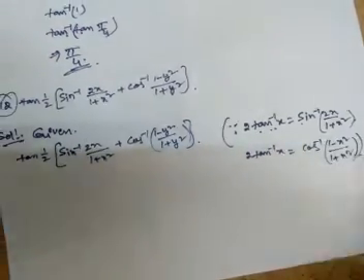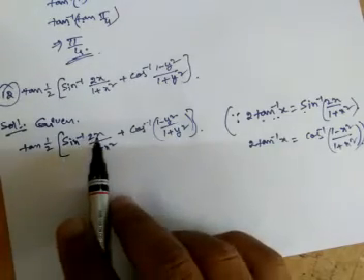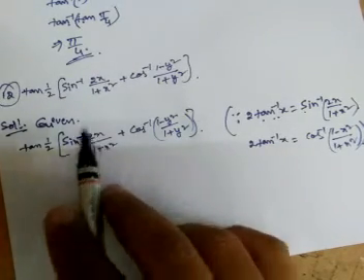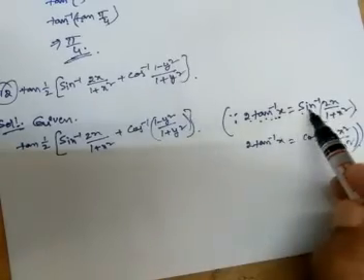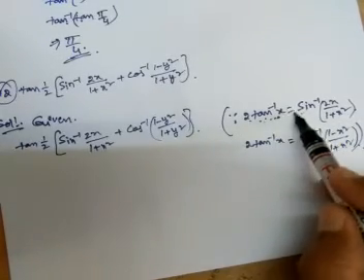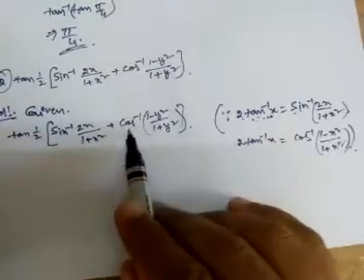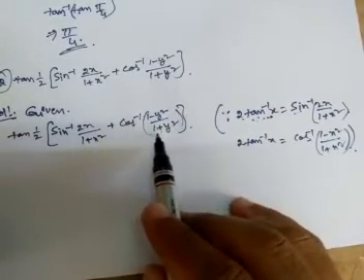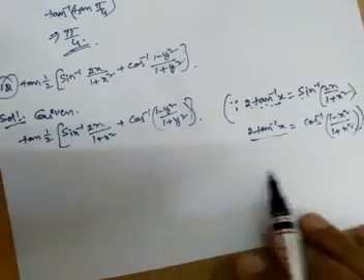So once you observe here, sin inverse of 2x by 1 plus x square, in place of this term you can write 2 into tan inverse of x. Why? Because we are given 2 into tan inverse of x equals sin inverse of 2x by 1 plus x square. Similarly, cos inverse of 1 minus y square by 1 plus y square gives us 2 into tan inverse of y.